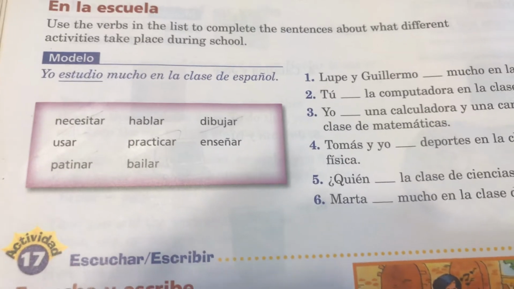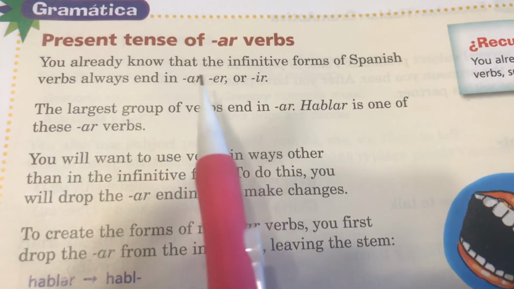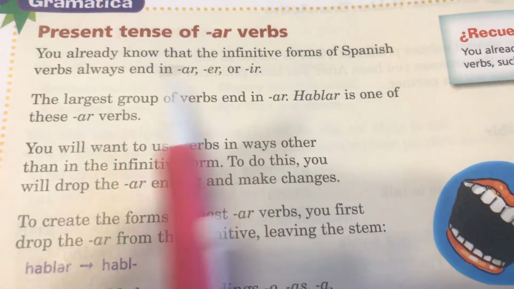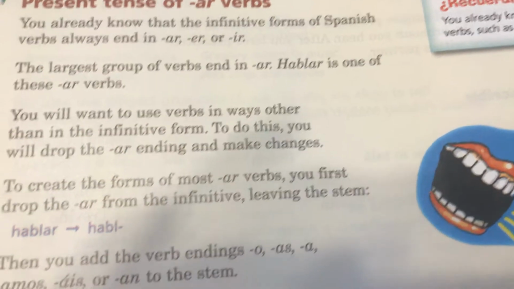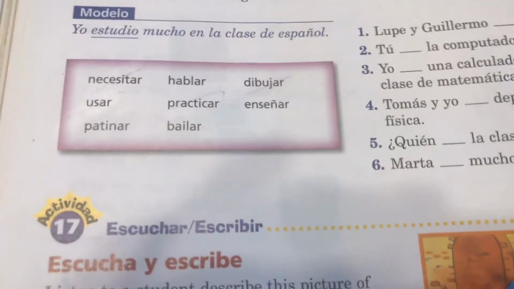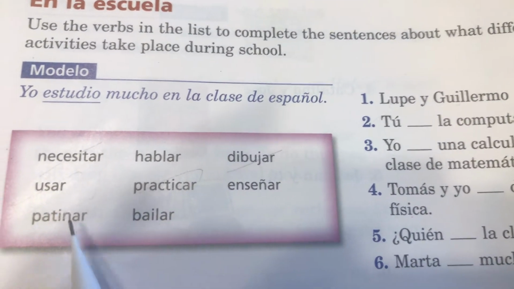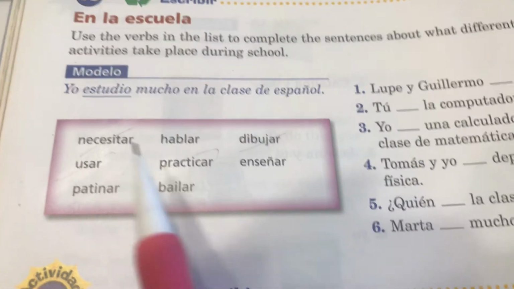AR. Right here, it says that you already know that infinitive forms of Spanish verbs always end in AR, ER, or IR. So right now they just want to teach you about the ones that end in AR and how to form sentences, how to conjugate them.